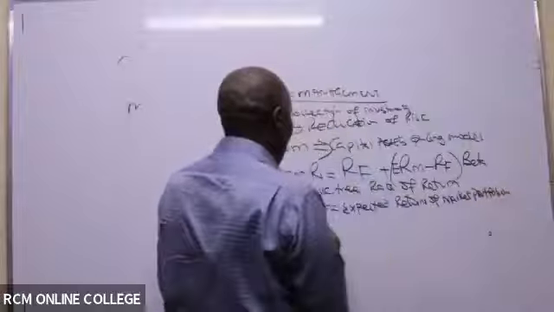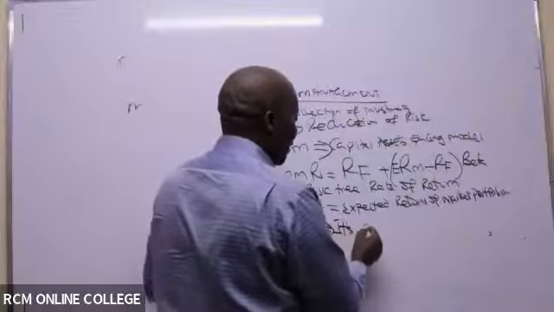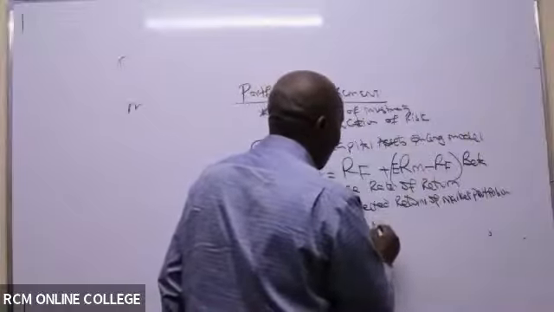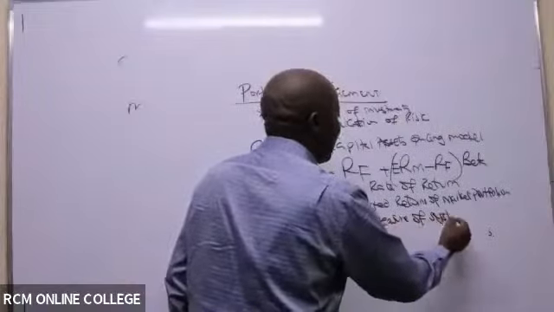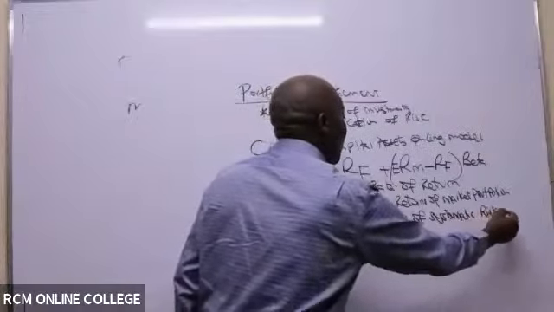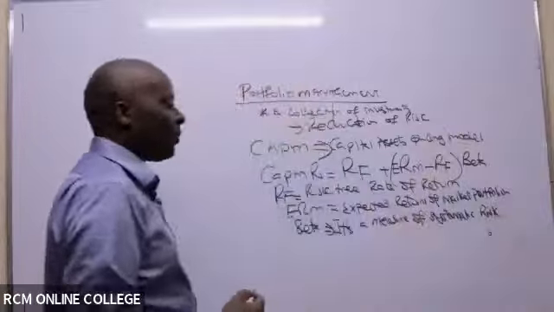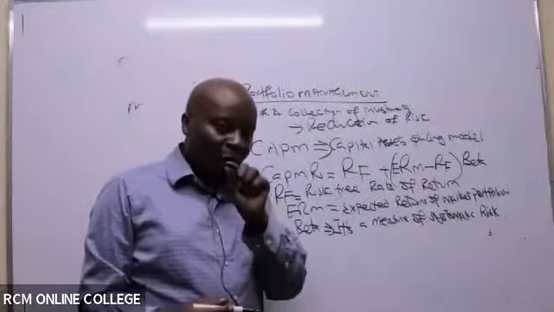And then, of course, we have beta. This beta is a measure of systematic risk. Remember, we have got two types of risks: unsystematic risk and systematic risk.